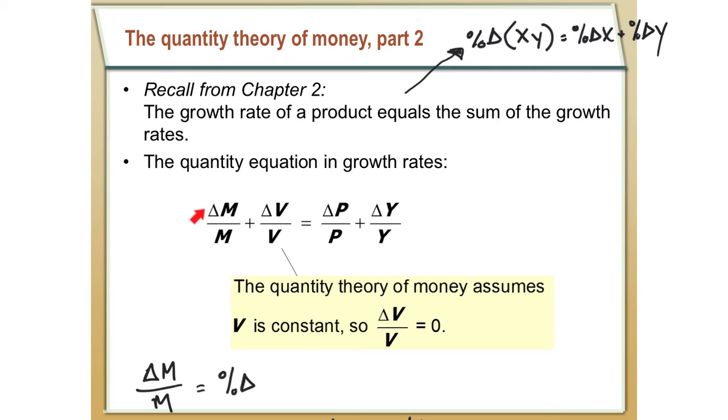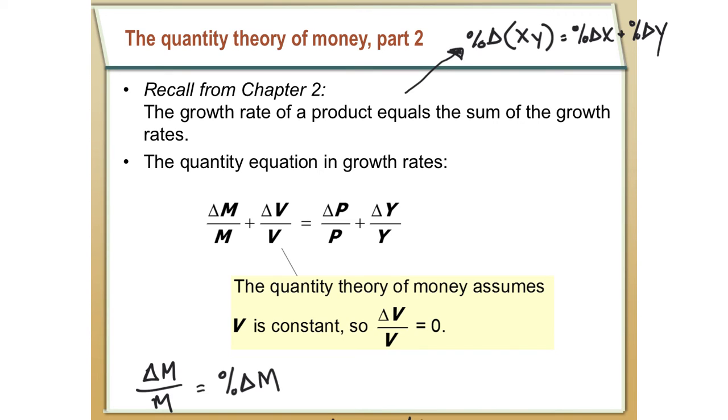So this is just the change in M divided by the original value of M. So this is the percent change in the money supply, the percent change in velocity, the percent change in the price level, the percent change in real GDP. If it helps you to change this notation a little bit, ΔM over M, you could actually just rewrite this as the percentage change in M. So a little percent sign Δ M, if that makes more sense.